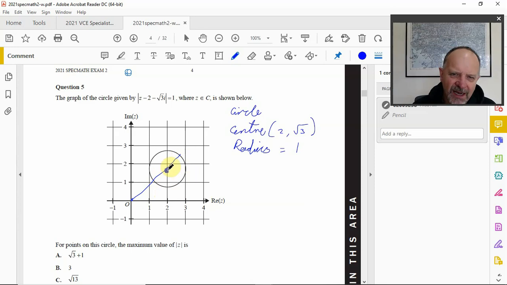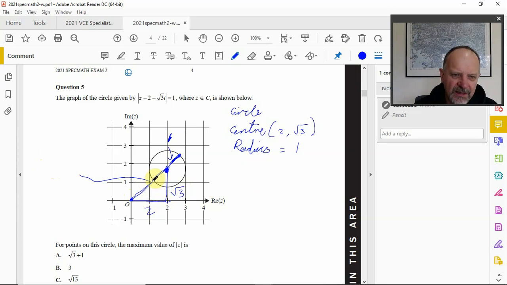Now, from our center out to there, that length is 1 because our radius is 1. So the maximum distance from our origin would be the distance to the center plus our radius, which is 1. That distance to our center we find with Pythagoras, because that's 2 and that's root 3.